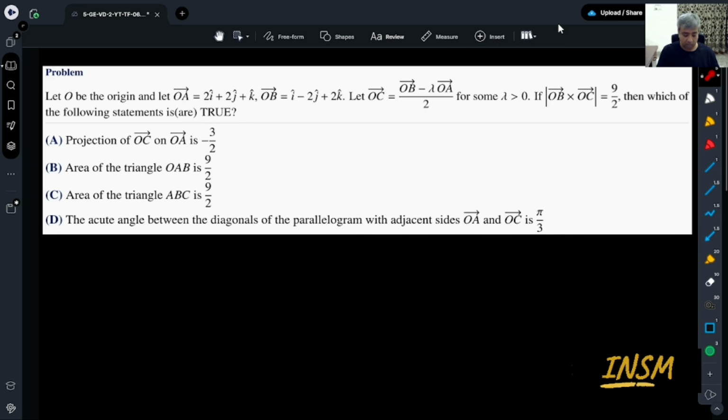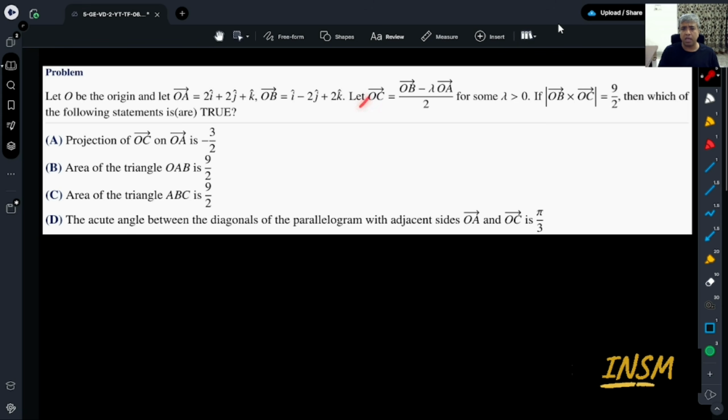It's a multi-correct problem. Okay, so what we can do is we know OA, we know OB, so naturally our first task is to find OC. Okay, and they have given us mod of OB cross OC. So the instinct is in this equation, either we do a cross product on both LHS and RHS of OB or OC.